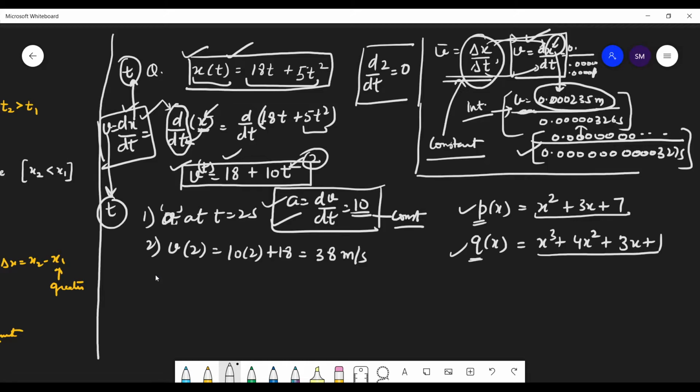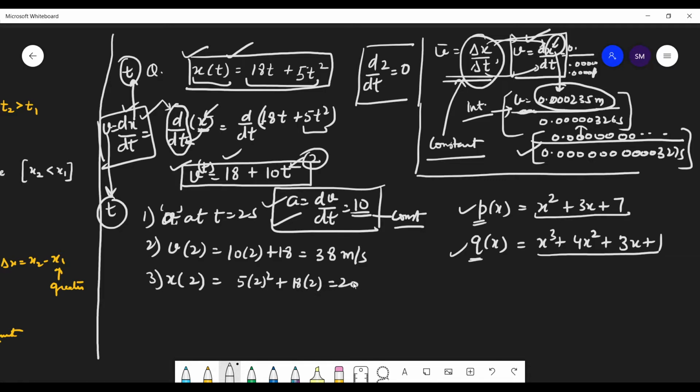So third is, what is the position at time 2 seconds? See, that's 5 into 2 square plus 18 into 2.